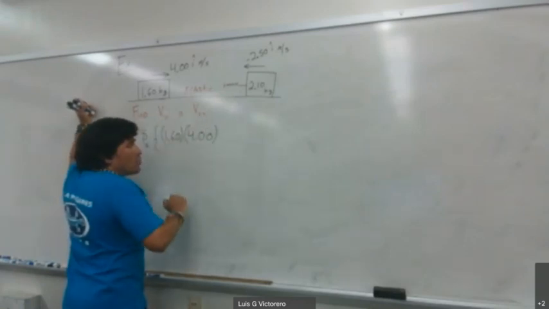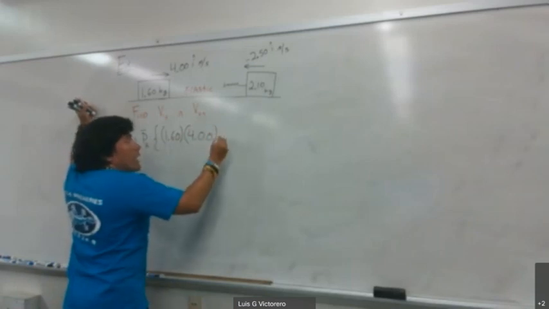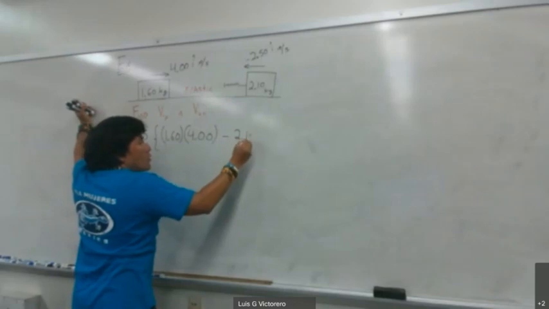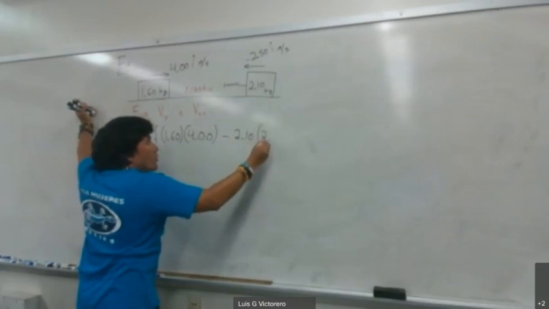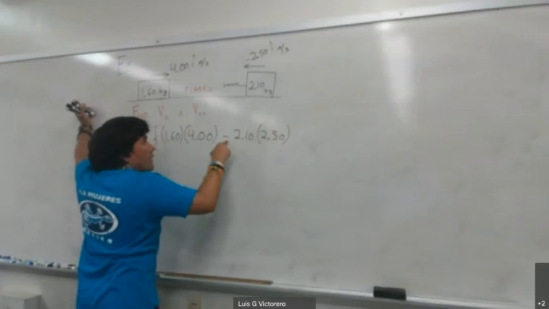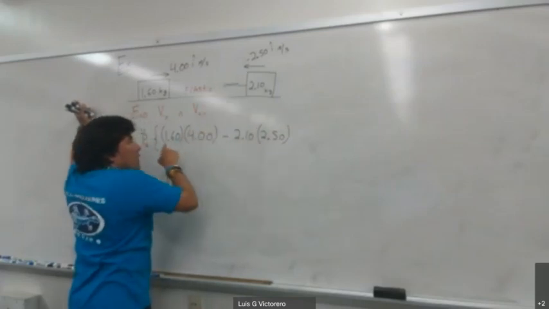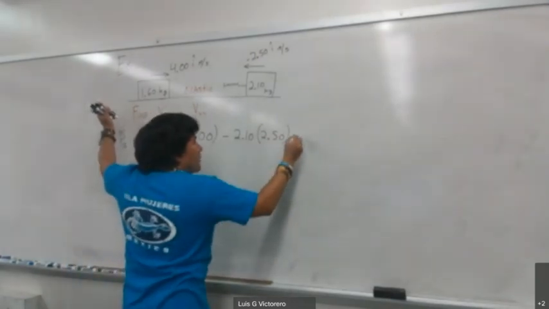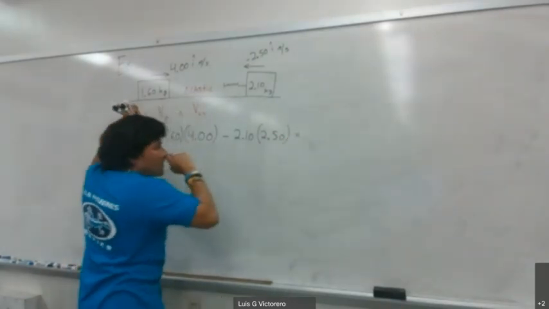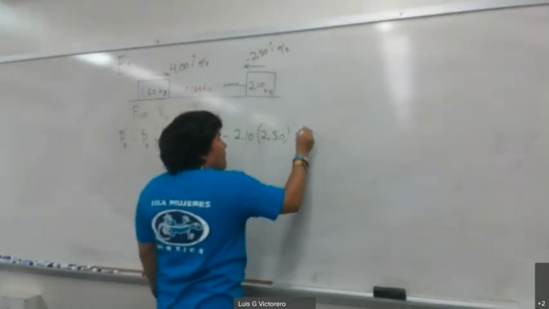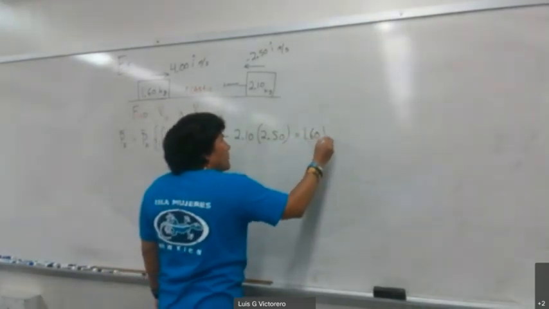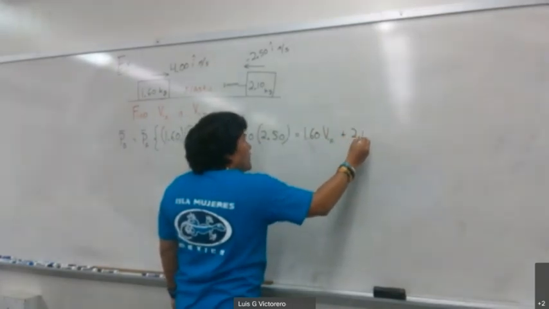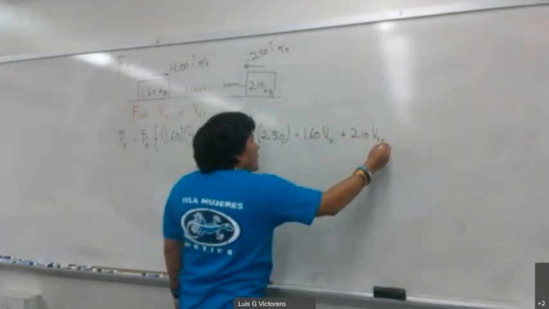The signs are what we have to be careful of. Minus 2.5, and the minus comes from them moving left, right? Before is equal to 1.60 V1 final plus 2.10 V2.